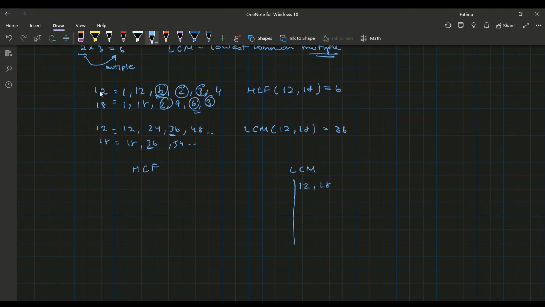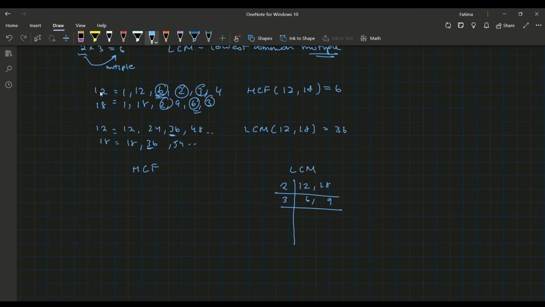The way this works is that we have to pick out factors that are common between 12 and 18. The common factor would be, for example, 2. You should notice that immediately because both of them are even numbers. So when you divide 12 by 2, you get 6. When you divide 18 by 2, you get 9.